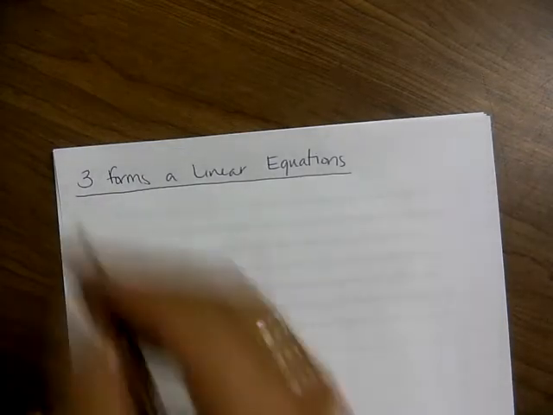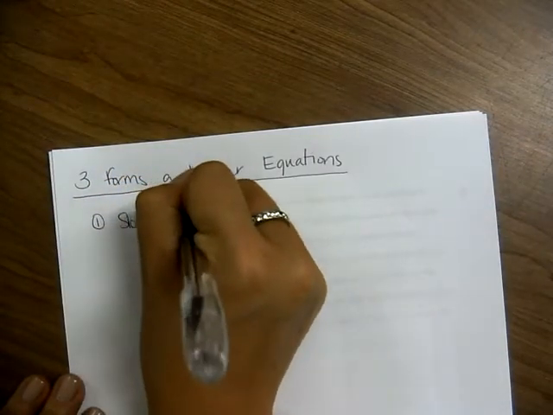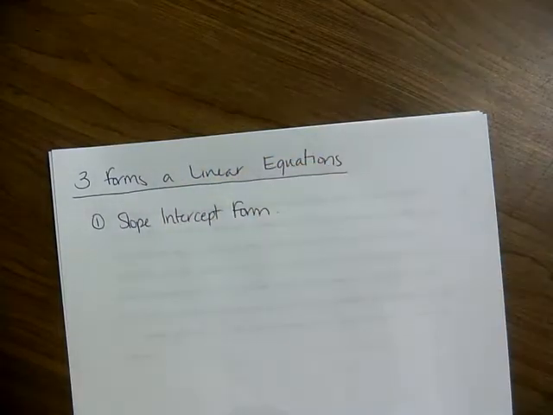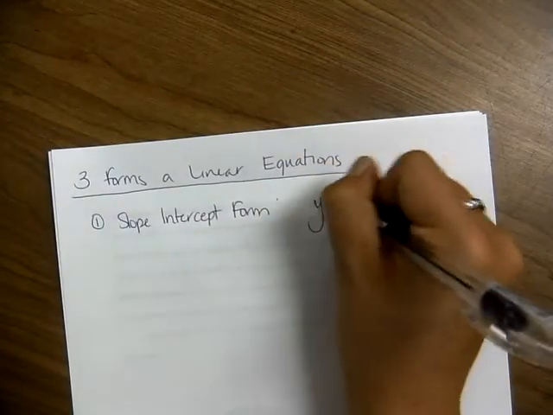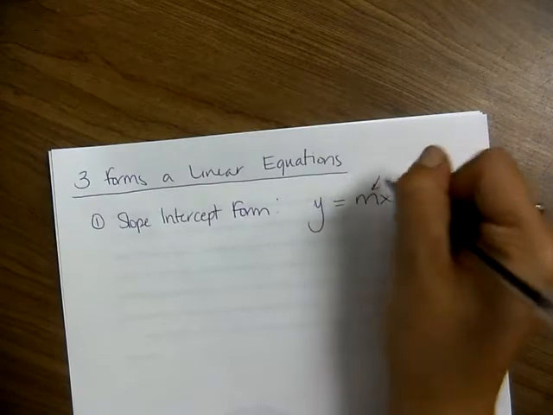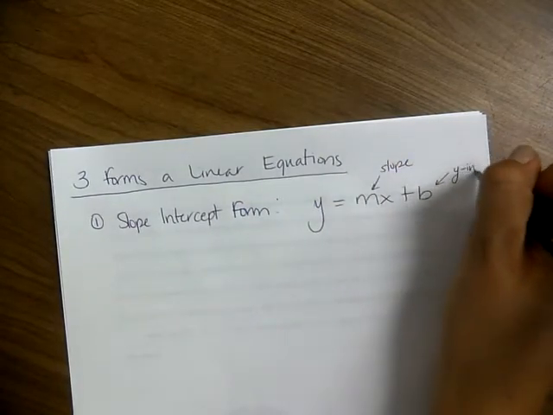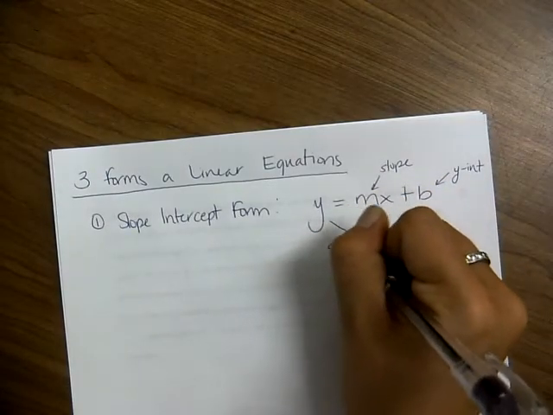Okay, so the first is slope-intercept form, which you are probably the most confident with and the most familiar with. Y equals mx plus b. So m, remember, is your slope, b is your y-intercept, and then x and y is a solution point.